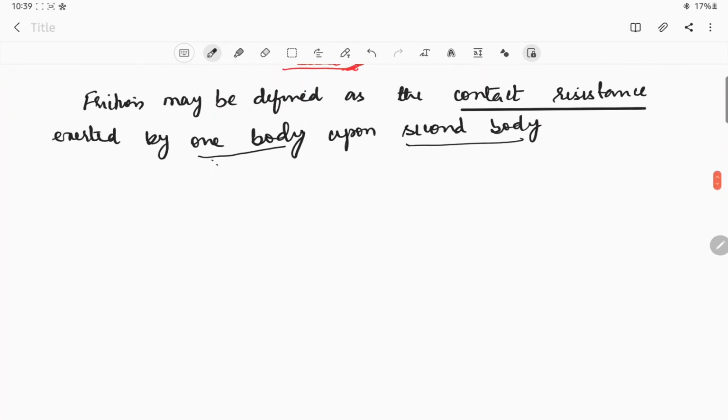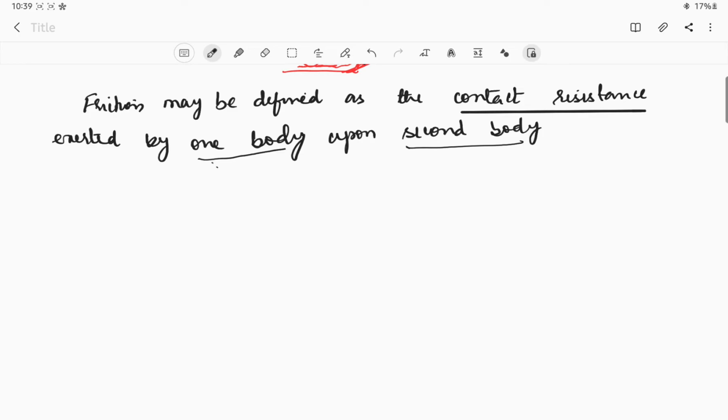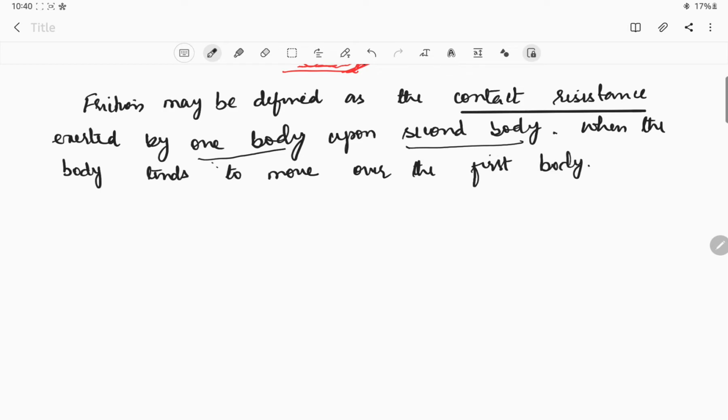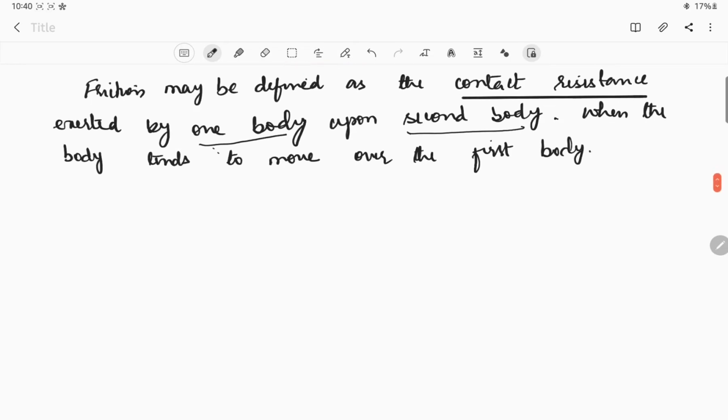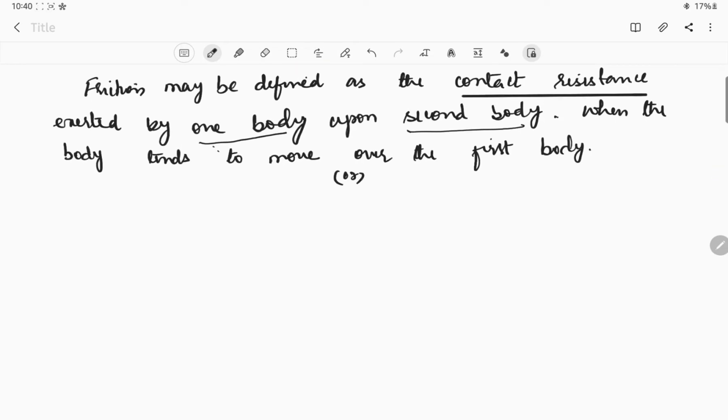Upon the second body, when the second body moves or tends to move over the first body.